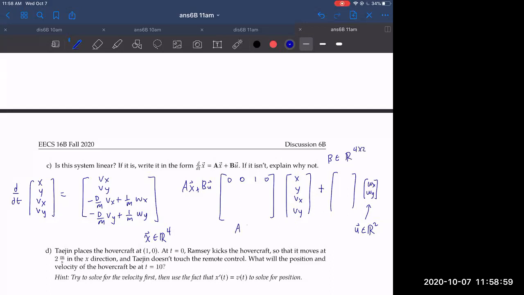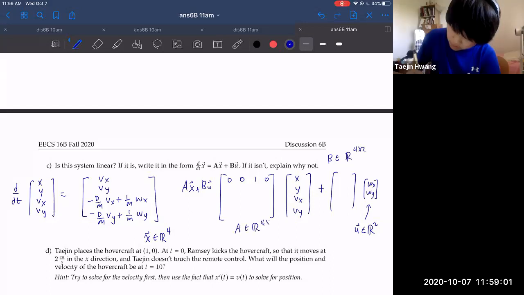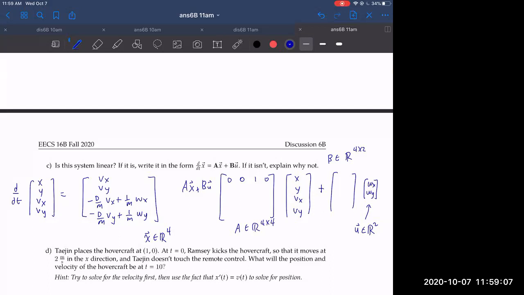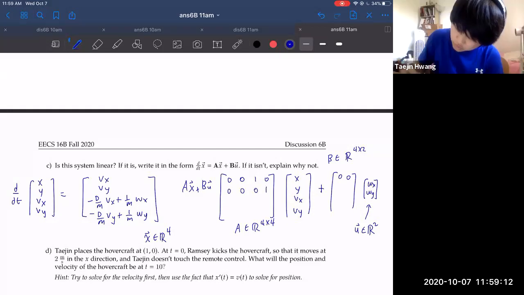And A will always be 4 by 4, or really N by N, whatever the dimensions of your states are. And then doing much of the same, our last line over here tells us that we have a minus d over m coefficient, and then a 1 over m in the input matrix.